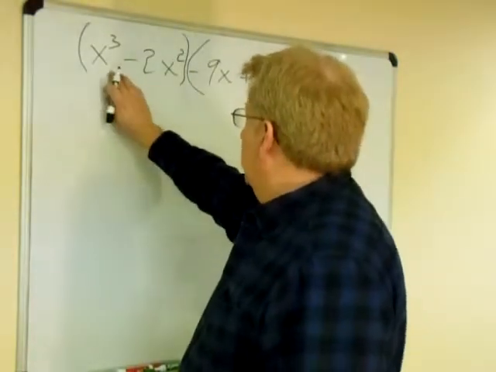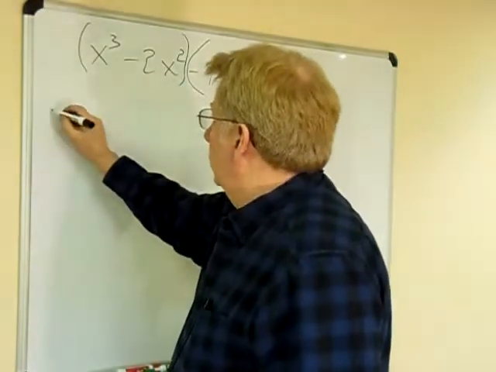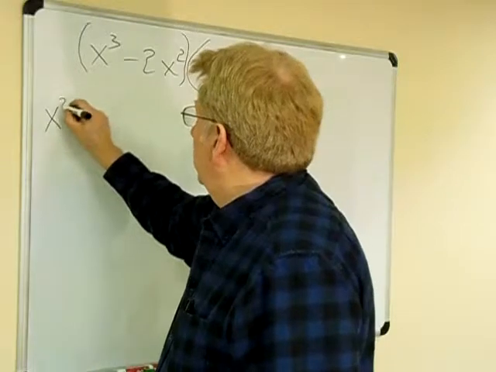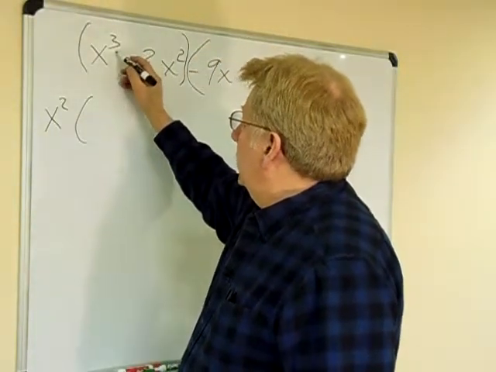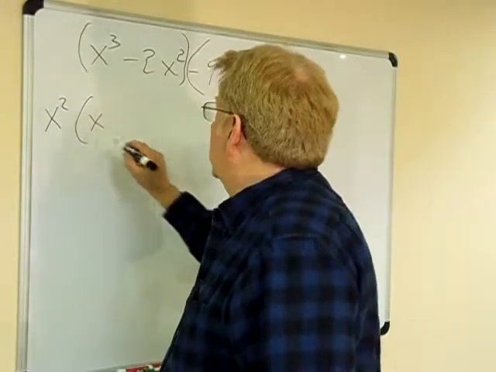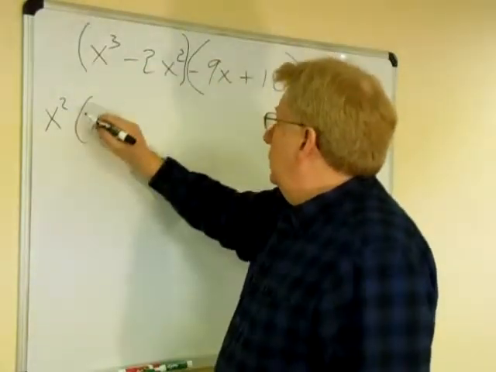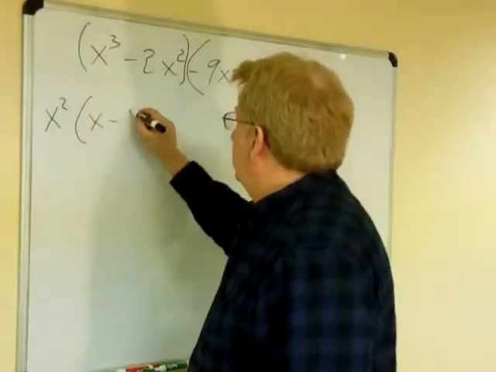So over here we'll take x squared out of these two terms. So we'll have x squared times, x cubed divided by x squared leaves me with an x. Minus 2x squared divided by x squared leaves me with a minus 2.